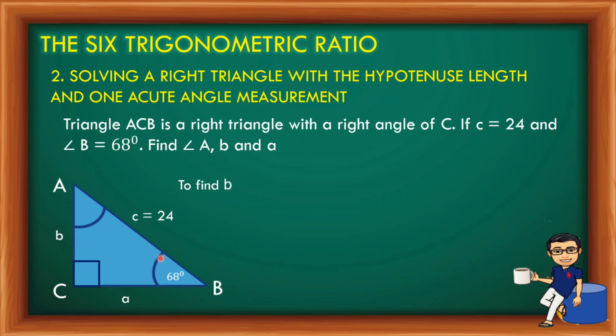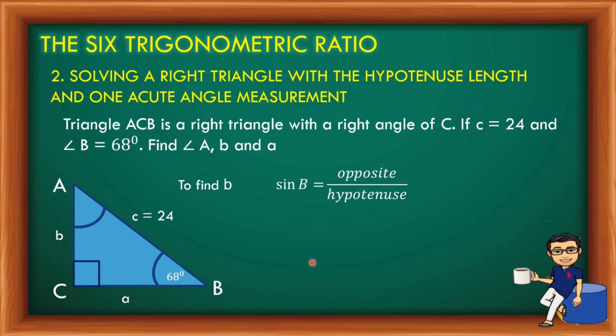At given din yung angle B, which is 68 degrees. So, yung hinahanap natin na side, which is B, ay opposite ng angle B. At syempre, hypotenuse pa rin ito. Opposite at hypotenuse ang pinag-uusapan, kaya siya ay sine. Kasi sine theta is the ratio of opposite over hypotenuse. Syempre, ang ginagamit lang natin ay B kasi yun yung given angle.